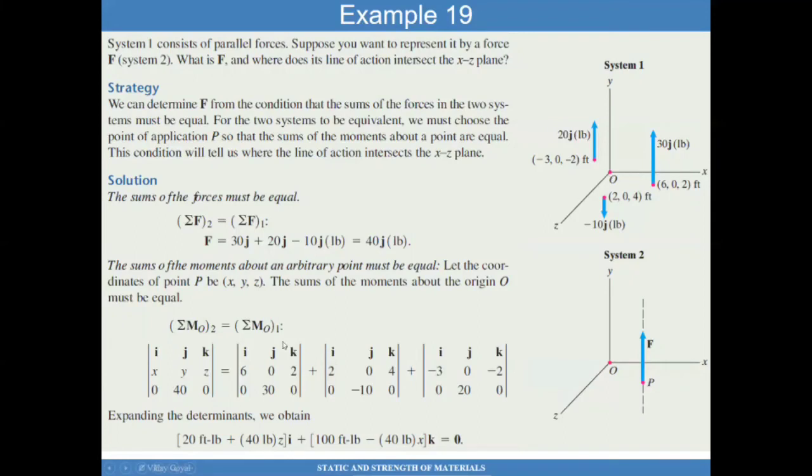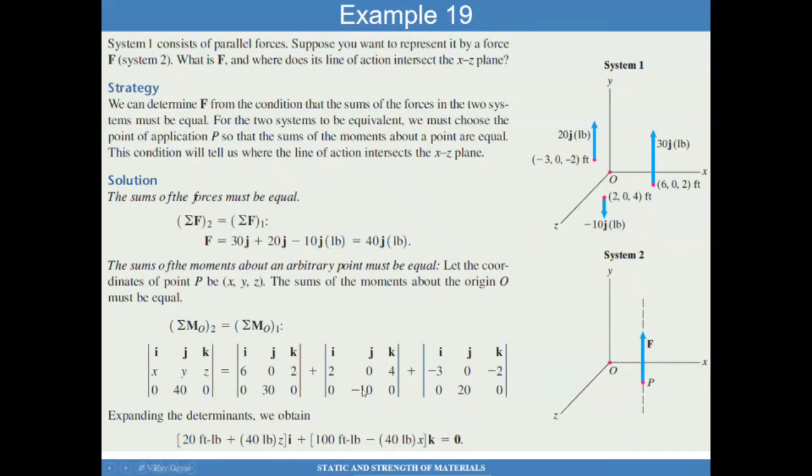And so all I have to do is to determine how much moment each of these forces cause about O. And that's, again, as simple as drawing a position vector from O to each of these forces. And once I do that, I can calculate the determinant. I know the force orientation.